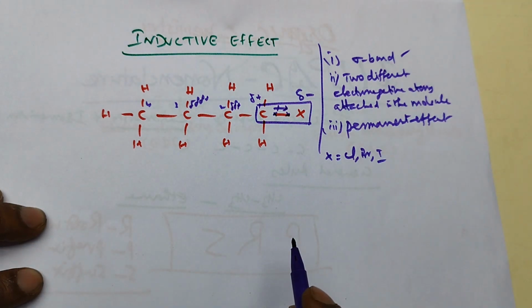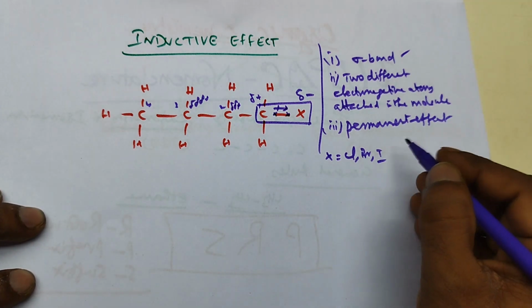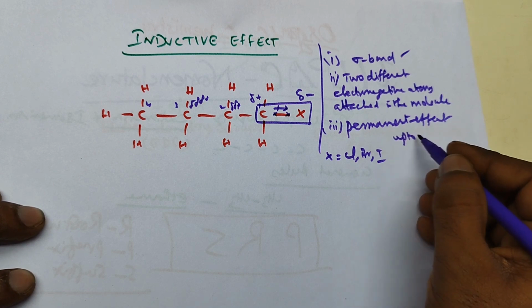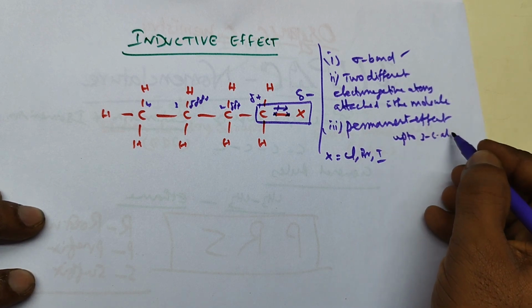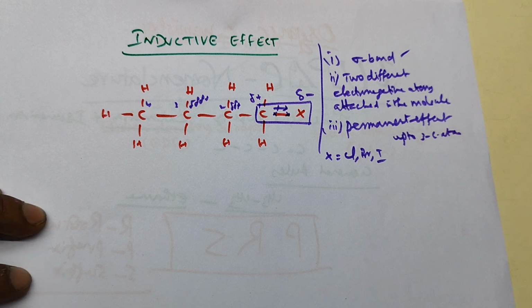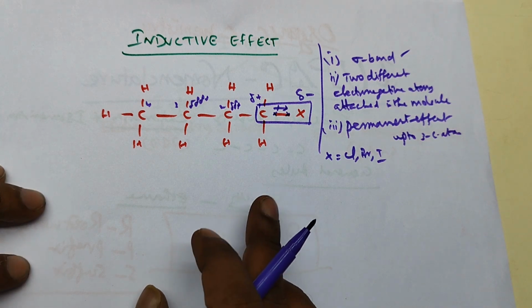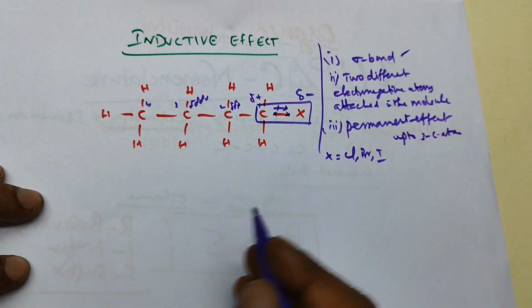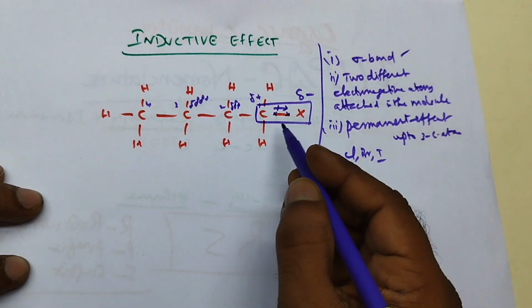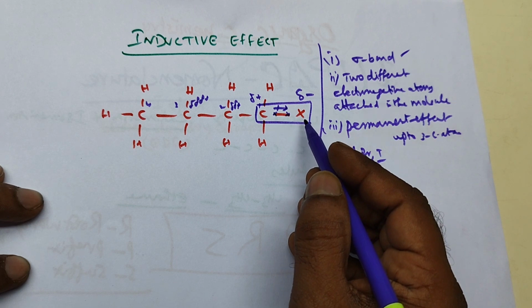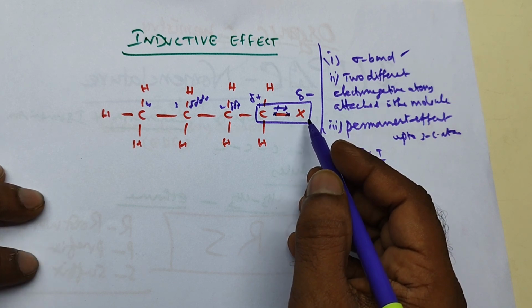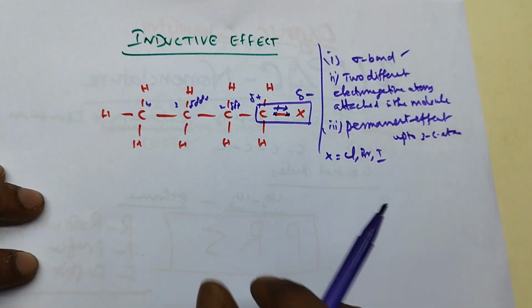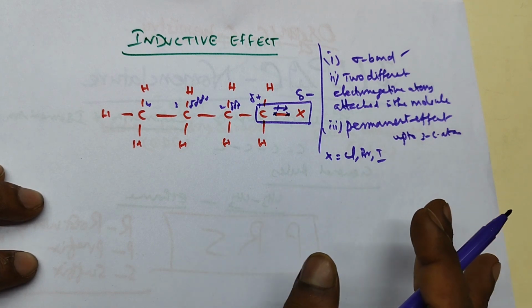So the inductive effect operates to a maximum of 3 carbon atoms, and it is a permanent effect. Based on this, the withdrawing of electrons by these groups is what we call electronic displacement in covalent bonds.